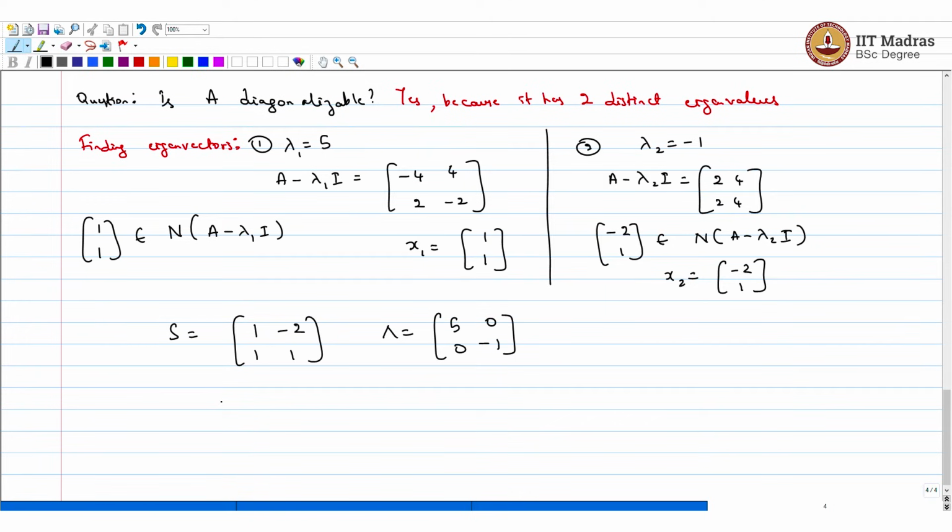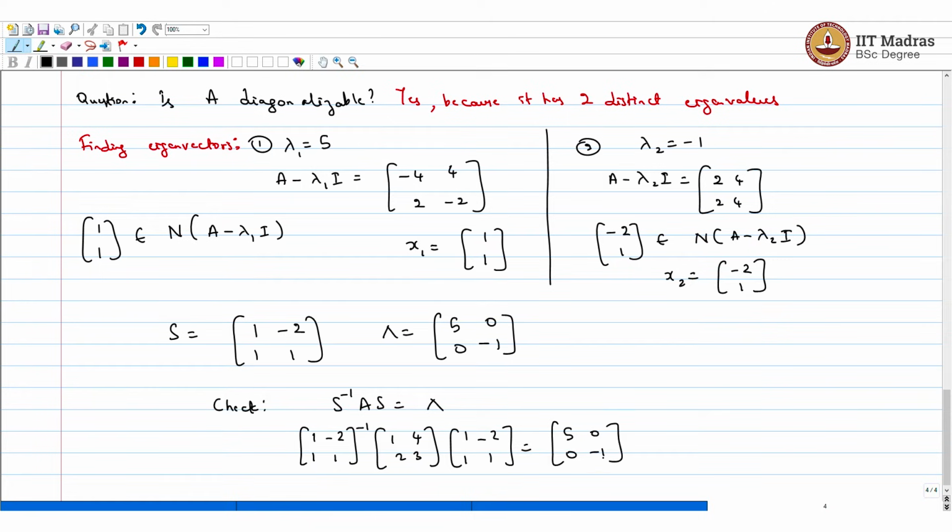Then you can check, S inverse A S equals lambda, which is 1, 1, minus 2, 1 inverse, A is 1, 4, 2, 3, times 1, 1, minus 2, 1 equals 5, 0, 0, minus 1.